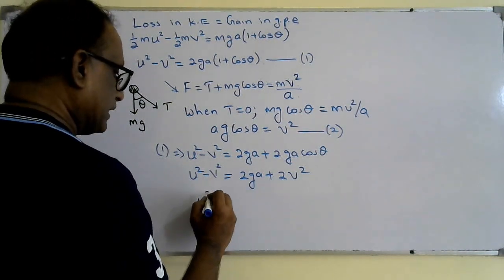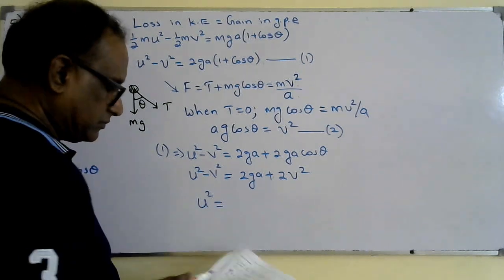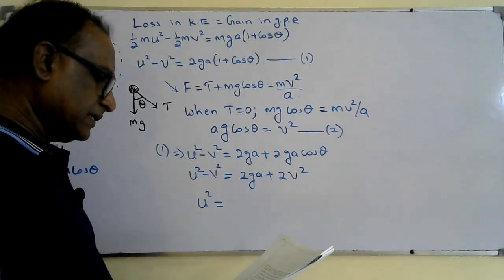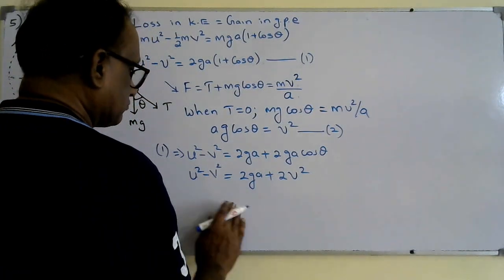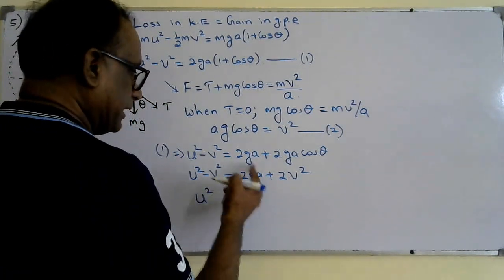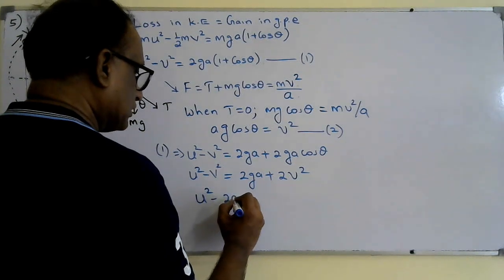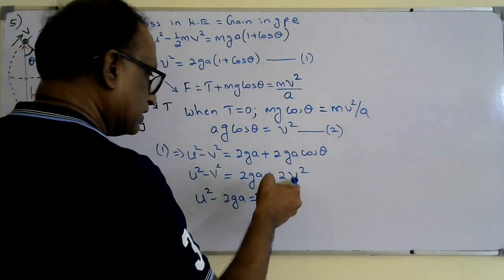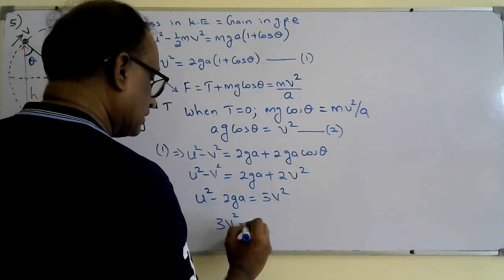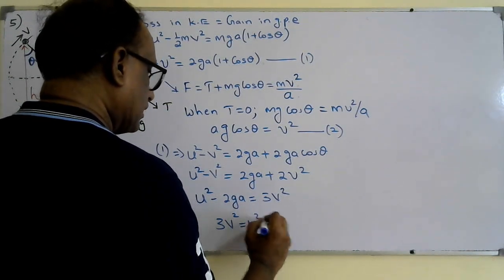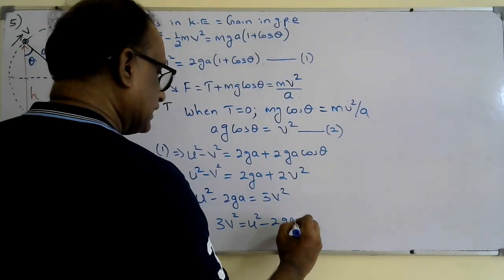They also show it in terms of v squared as the subject. So u squared minus 2ga equals 3v squared.